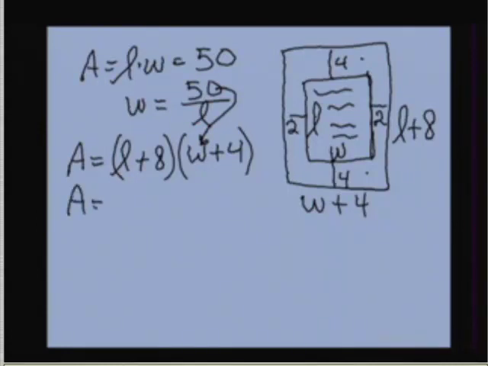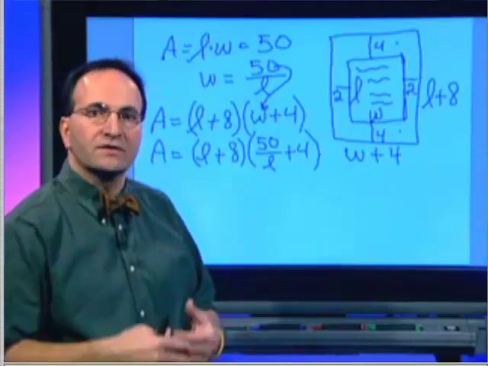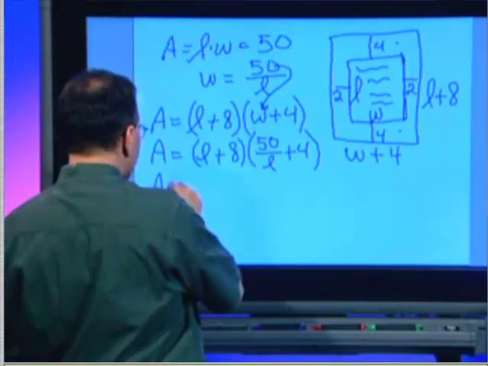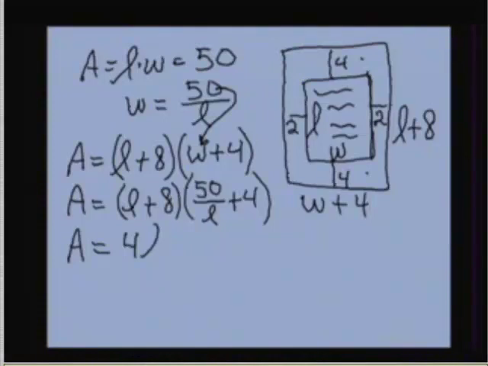So my area is going to be L plus 8 times 50 over L plus 4. And then I want to multiply all of that out and simplify it a little bit. And when I do that, I'm going to end up with 4L plus 400 over L plus 82.